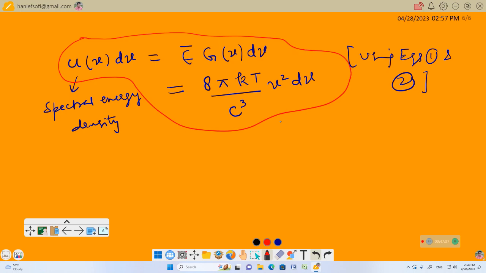This is my equation 3: 8 pi kT by c cube nu square d nu. Now this formula for spectral energy density is called Rayleigh-Jeans law.